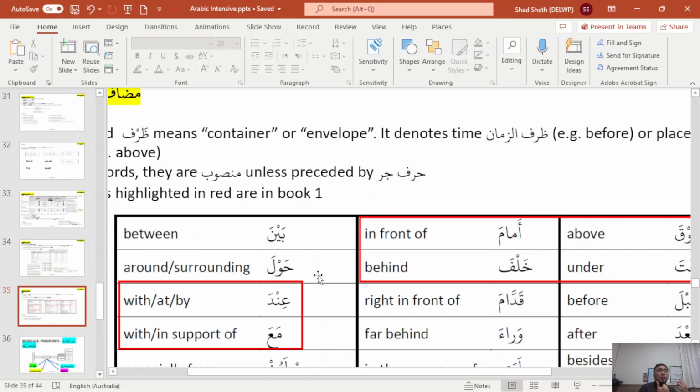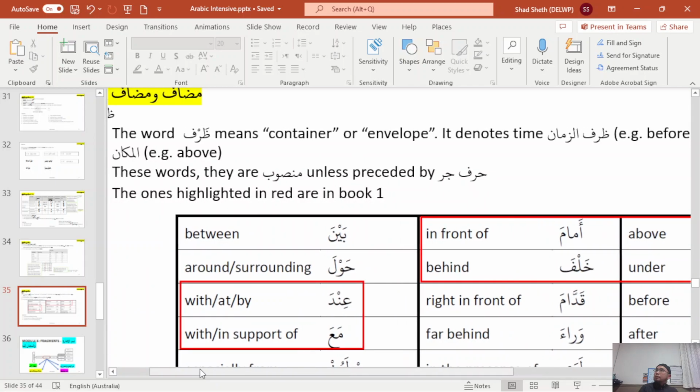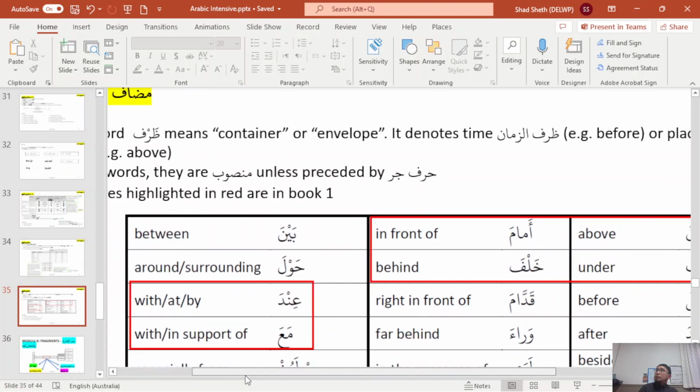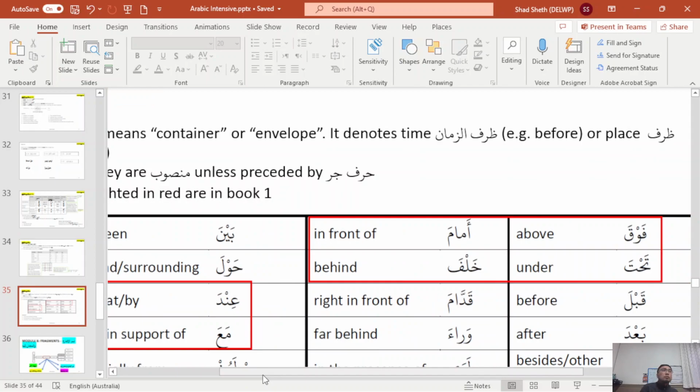So behind or in front or above, under, those are all special mudaf. And in this case, they call it zarful makan, which is denoting place. So anytime we see amama, tahta, fawqa, it always ends with mudaf ilayh. So the word after it will be majrur. Always.